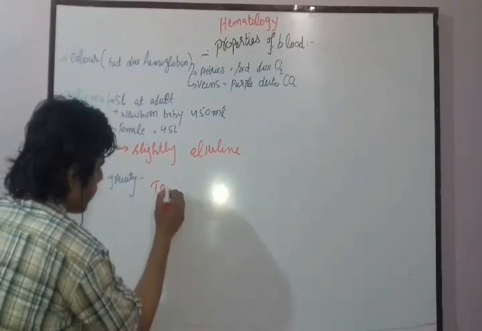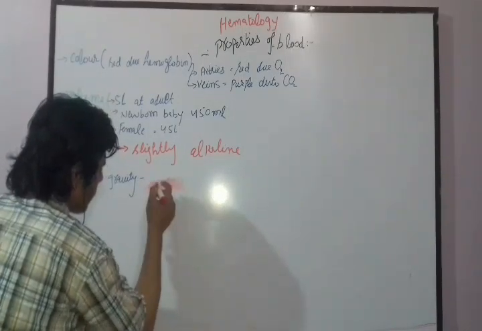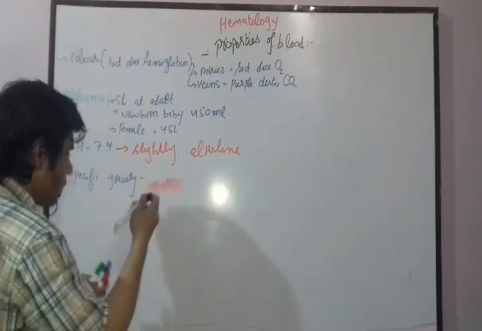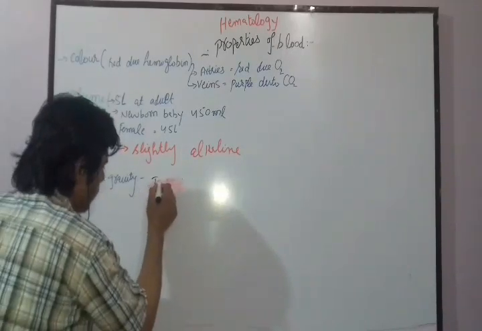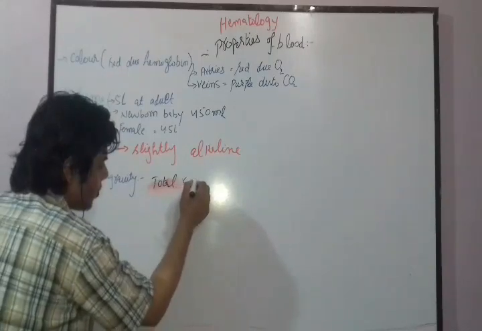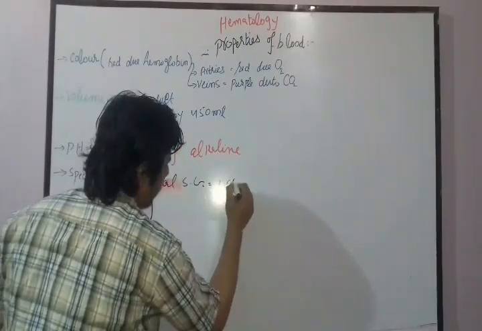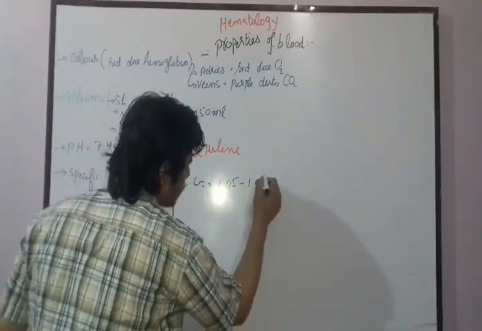The total specific gravity of the blood is 1.05 to 1.06.